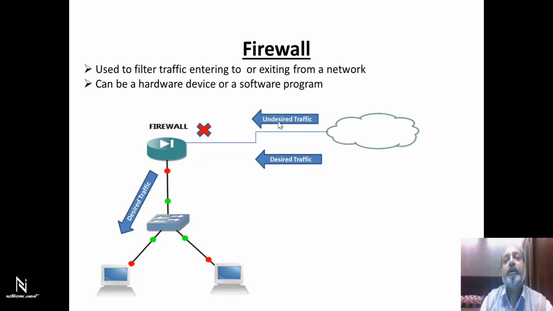And from the internet we see that certain types of traffic are coming, some of them are desired, while some of them are undesired, right? How we decide this desired and undesired is actually a matter of specification, because it depends upon what type of situations we are facing when we are meeting this traffic, right?